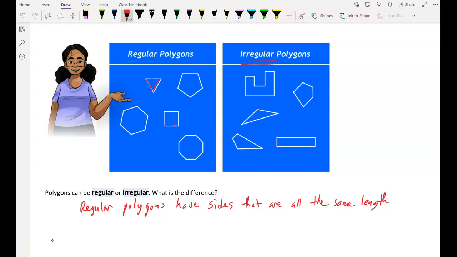This square has all the sides of the same length. This octagon, 8-sided figure, has all 8 sides the same length, just like this pentagon and this hexagon. The irregular polygons do not have all the sides that are the same length, so that's the big difference. Regular polygons have all sides that are the same length.